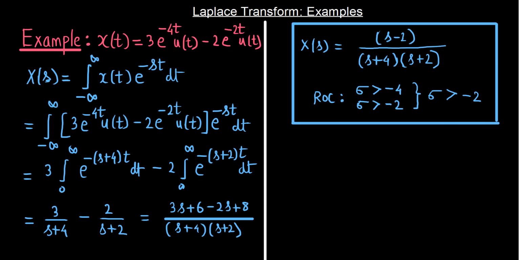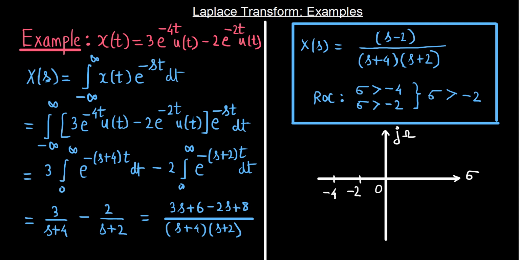If I try to draw this region of convergence in the s-plane, it is going to be something like this. Let this be, say, minus 2. Let this point be minus 4. And of course this is 0. The axis being j omega, and this axis being sigma.